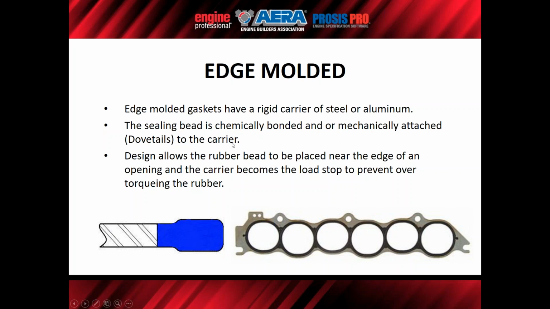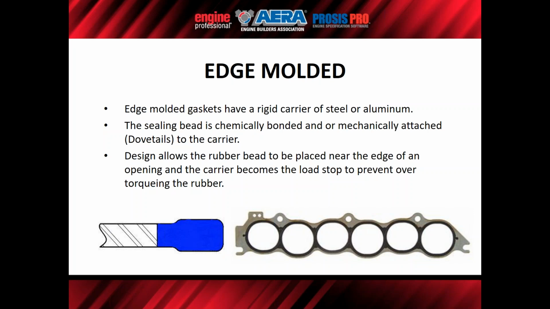Sometimes it's chemically and mechanically attached. The benefit of this design is that for engines with a small area available for a sealing bead, it allows you to put the actual bead right up against where it needs to be. So for small land area flanges, this is a good design to use.